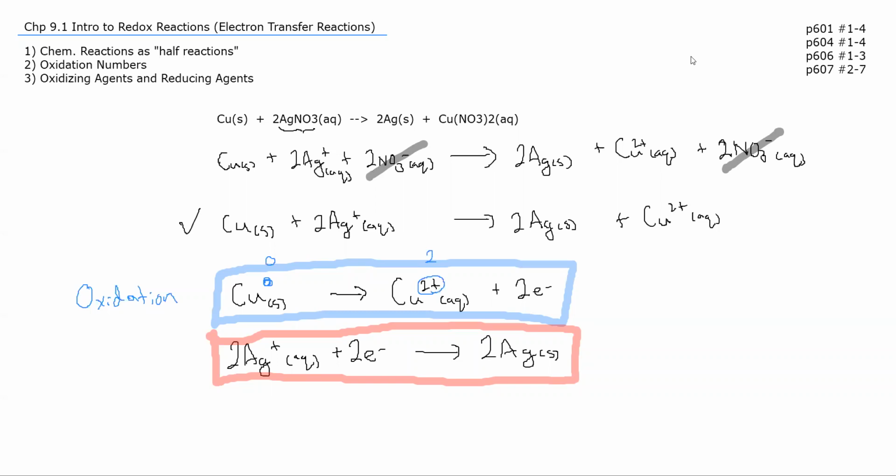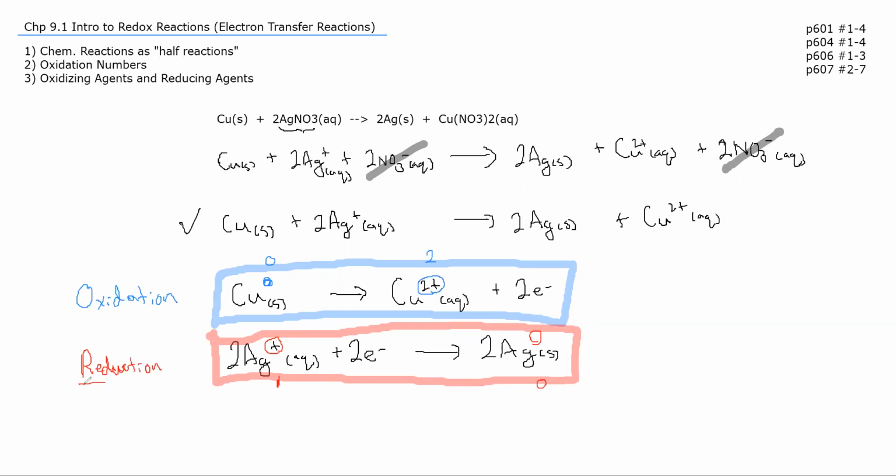In the same way, take a look at the ionic charge of silver here and the charge of silver here. It used to be a 1, and then it became a 0. Did the ionic charge increase or decrease in this particular case? Decreased, or it was reduced. So we call it a reduction.